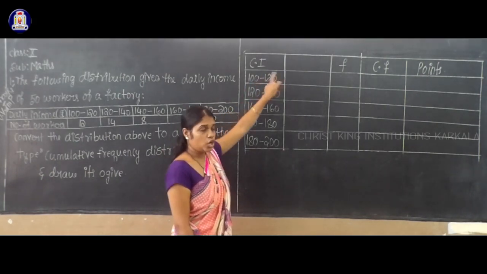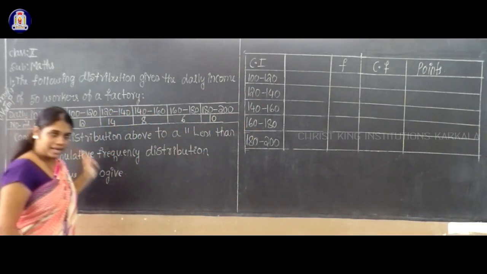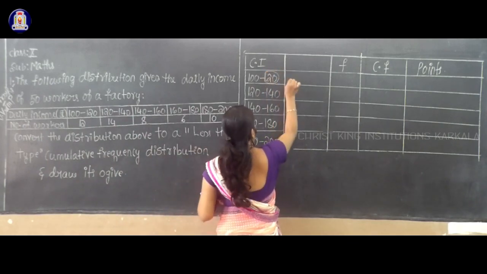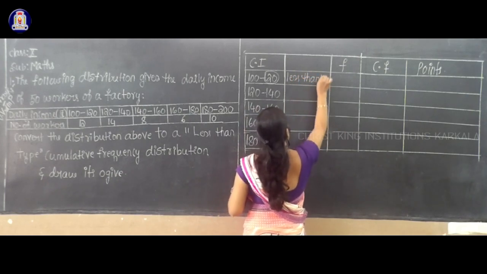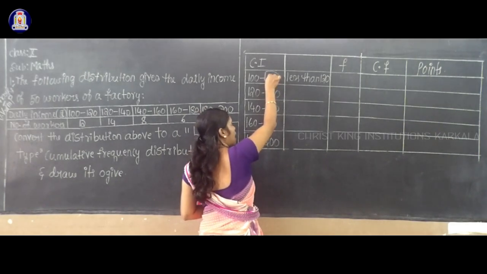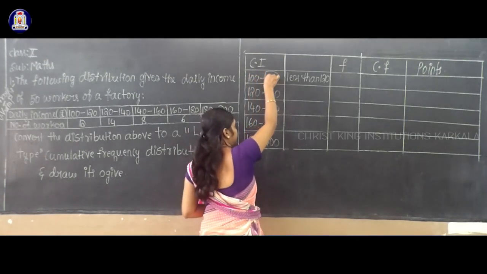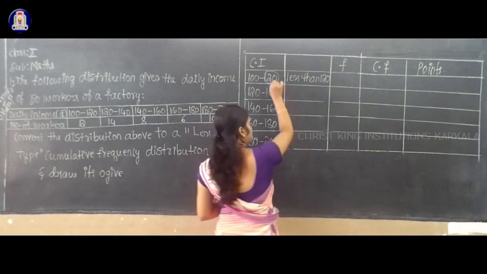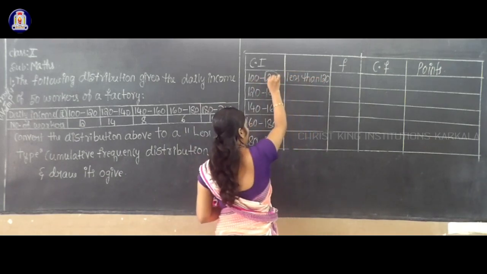Since you are going to convert this table into less than type, I will consider this 120. So less than 120. Can you observe here, 100 is the lower limit and 120 is the upper limit. Therefore, while converting this class interval to less than type, I will take upper limits.